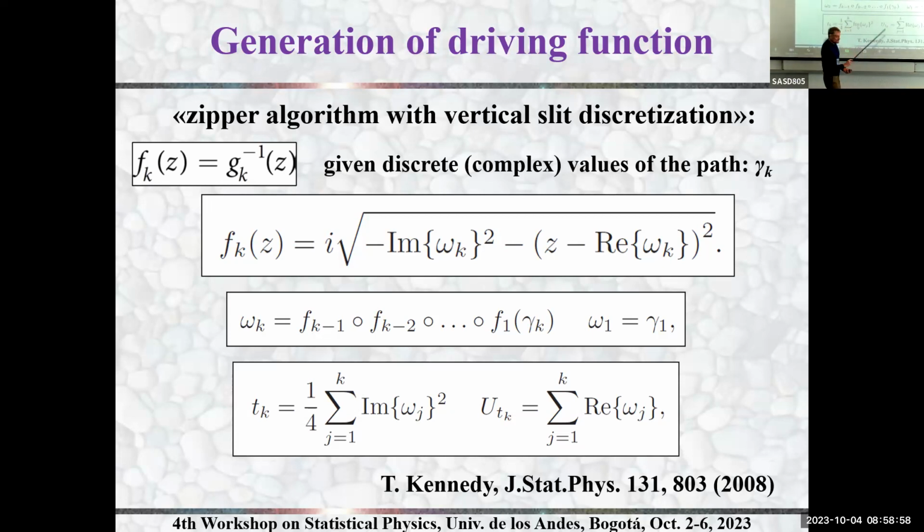But the point is that this function itself now changes at each iteration k. It depends on the values of k. It is omega k. And so you have obtained your omegas.